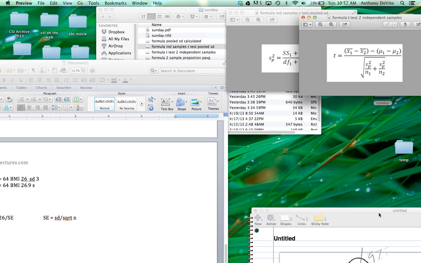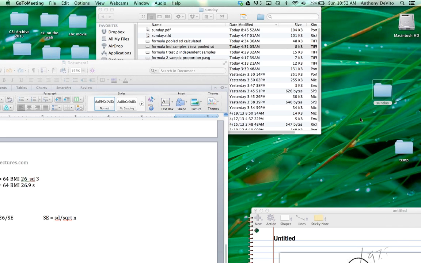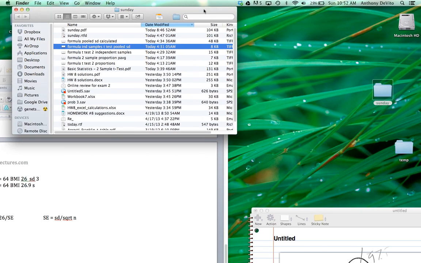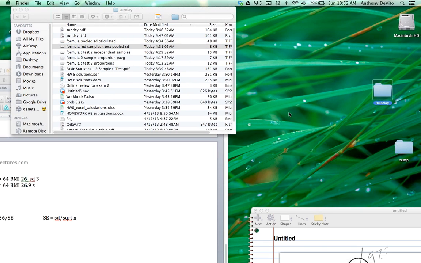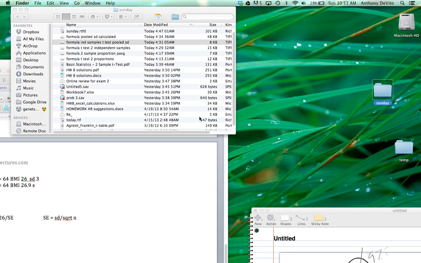I'll try and put these all together, but except for interpreting stuff, I don't think you'll see too many examples that will require you to do lengthy calculations by hand. I think it's more likely you'll get some interpretive stuff.